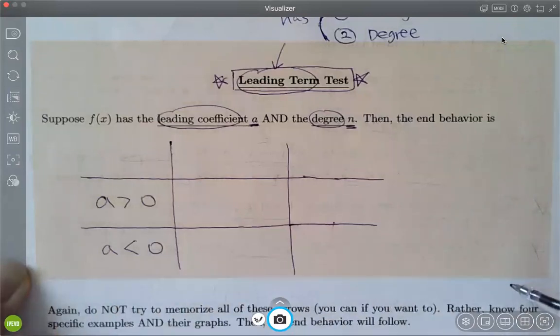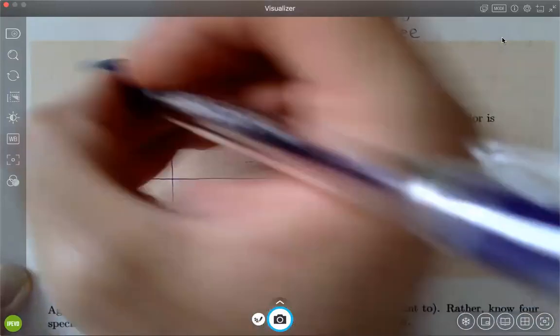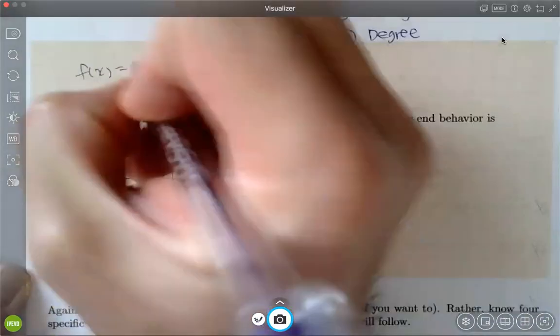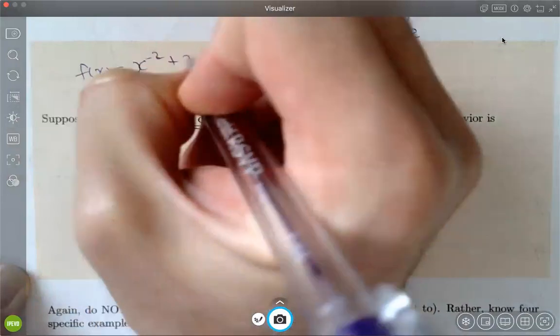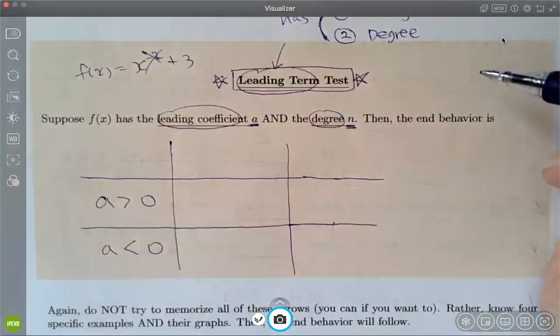Now, what about the degree? For a polynomial, can you have a negative exponent like this? The answer is no. So the degree has to be positive, and any positive number can be classified into two categories. What are they?